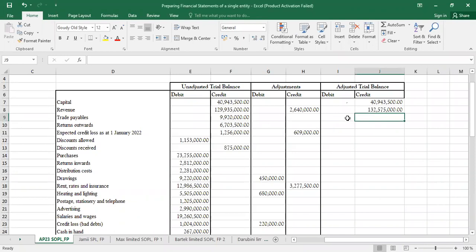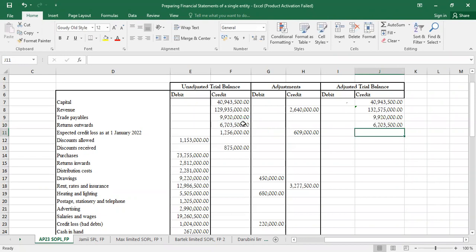Here you can see that there was no adjustment on return outward, so I'll just take it as it is. Then I'll drag down, because this one comes to the debit column. That one was the trade payables. For return outwards there is no adjustment, it remains the same.